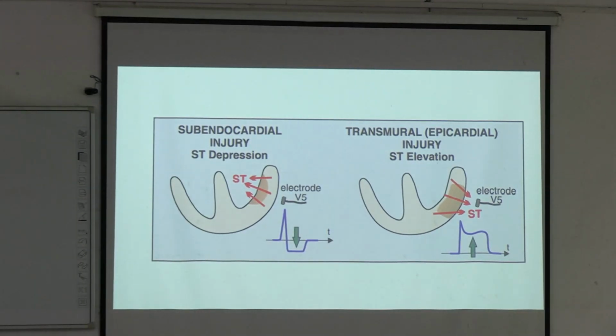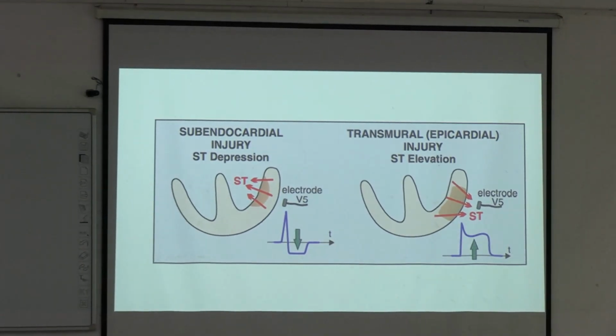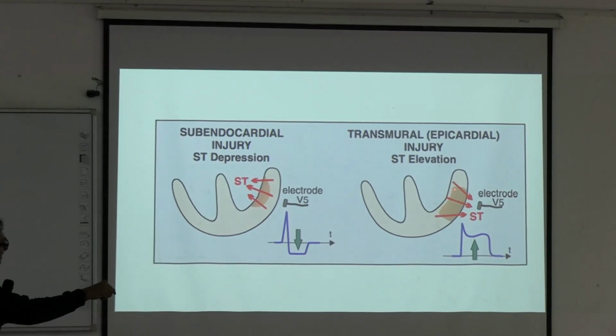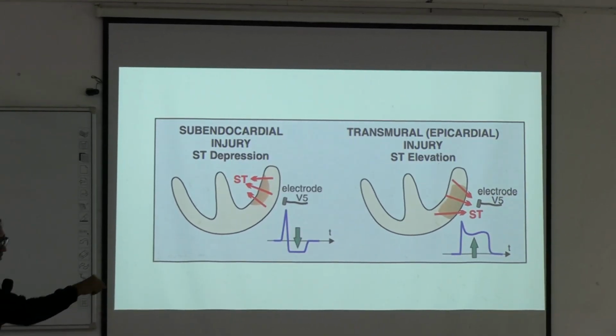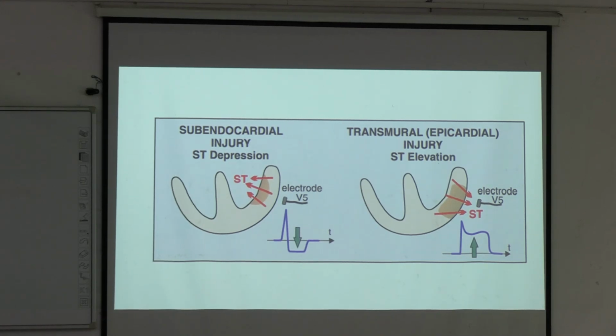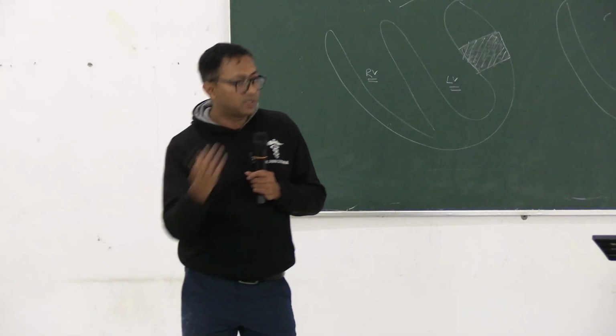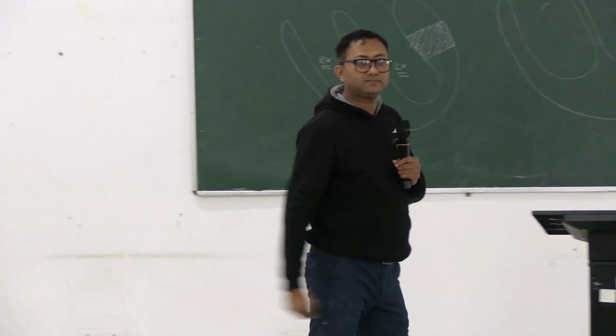But in this case, this thin rim of tissue is in connection with blood within the ventricle, so it gets some oxygen and usually never dies. Getting my point? So it behaves like normal tissue in case of transmural injury.